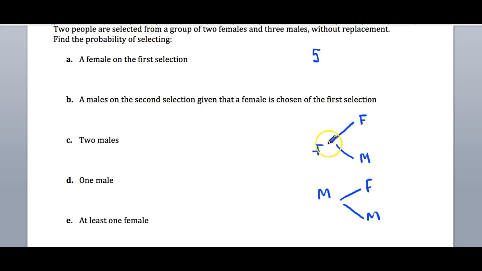If we've already chosen a female here, that means we've only got 1 female left and we have 4 people. So if you think about it, let's write the possible outcomes. If I've already chosen a female, that female is now gone. I now have 1 female left out of 4.